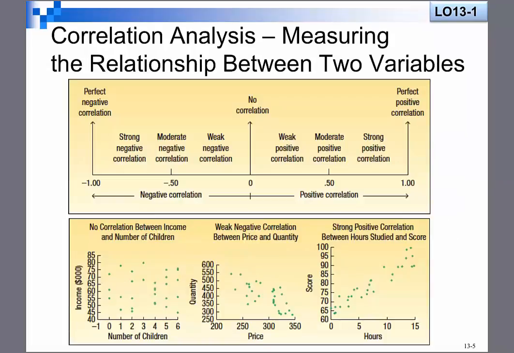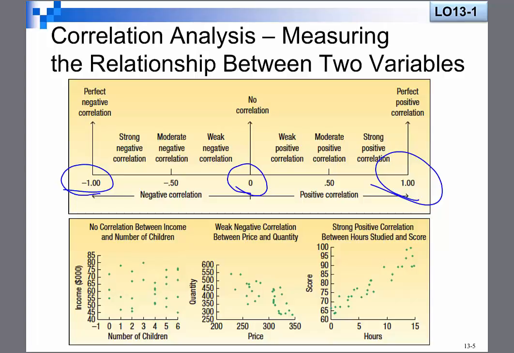The correlation analysis, measuring the relationship between two variables, we could extend to a few examples here. Before I go to the bottom, let me show you what I was talking about earlier. That 0 means no correlation, the height and GPA story. Then we talked about the positive relationship on the other side.